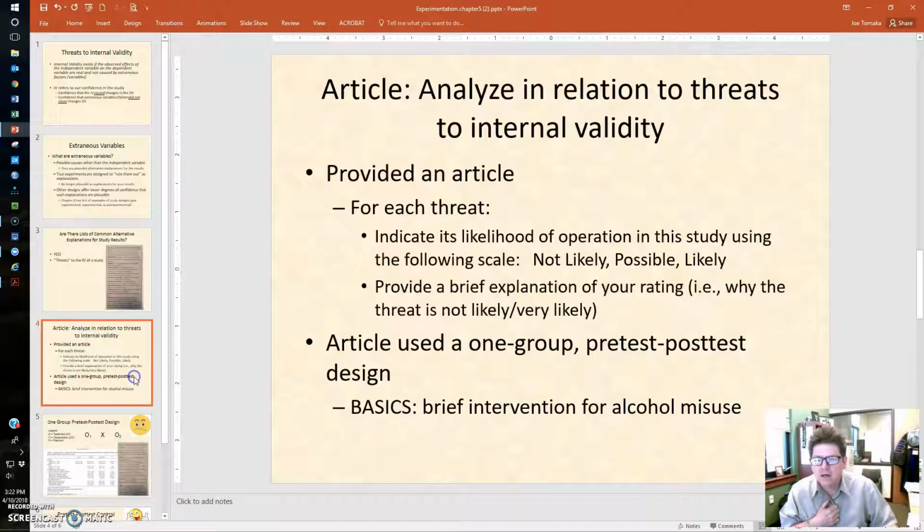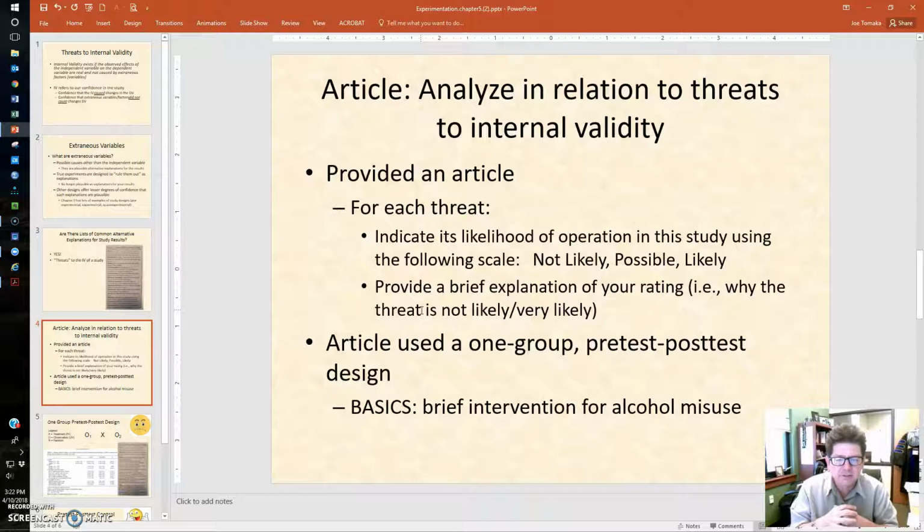Okay, one of the assignments that's related to this, and we're going to repeat this assignment this week with a different article. So I'll give you some examples from the article that was provided in the first iteration of this assignment. So I provided you an article. This is an article I did a few years back on an alcohol risk reduction program.